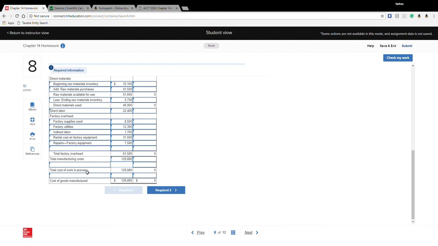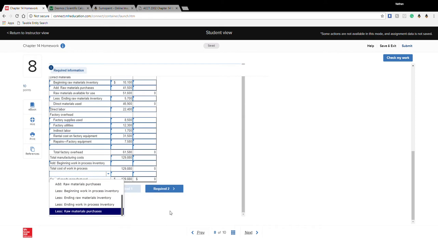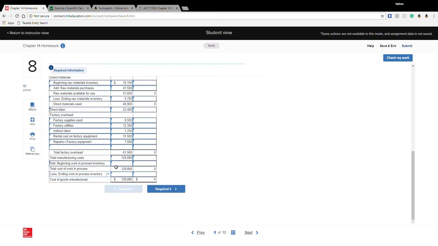Again, if I want to look at the notes or back in my homework, we can do that to see what we need to add on and what to subtract. Here we know to add beginning work in progress and subtract out ending. Again, rule of thumb, we always add the beginning, always subtract the ending.